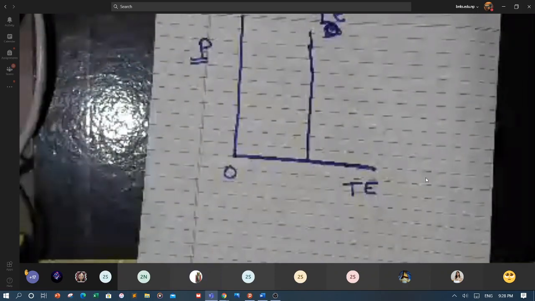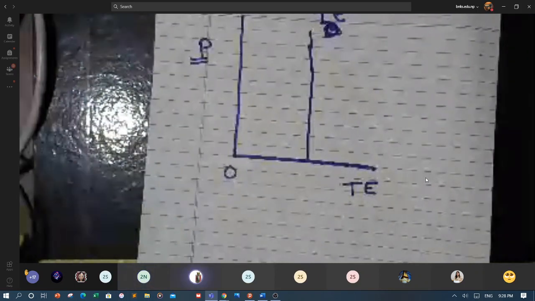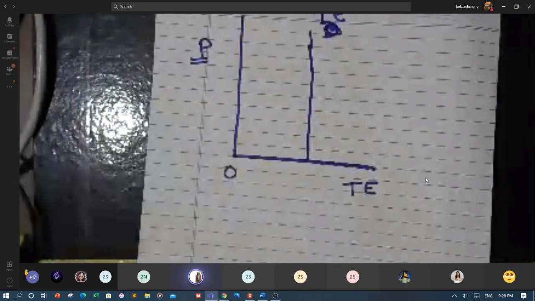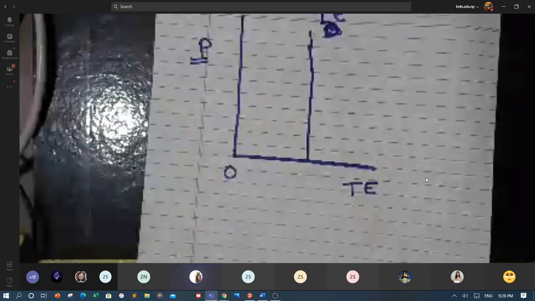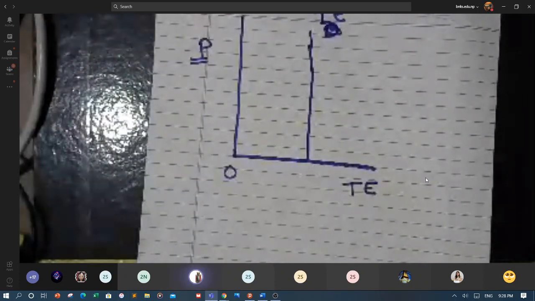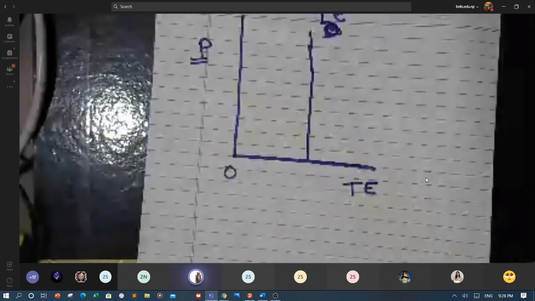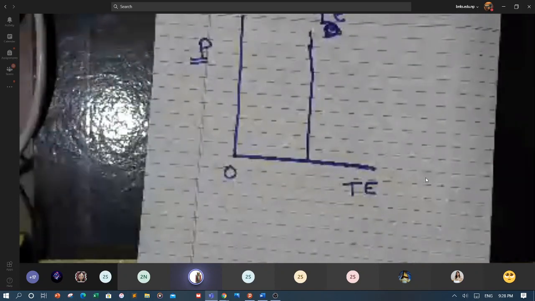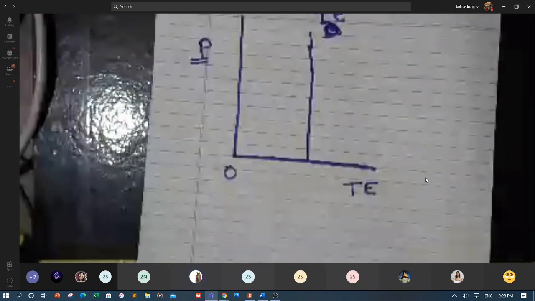Perfectly inelastic, sir. Who said unitary? Sophia. Okay, Sophia. Luzin? Sir, perfectly inelastic. Sabir? Perfectly elastic. I was confused. Okay, perfect. Sabir, what's your answer?